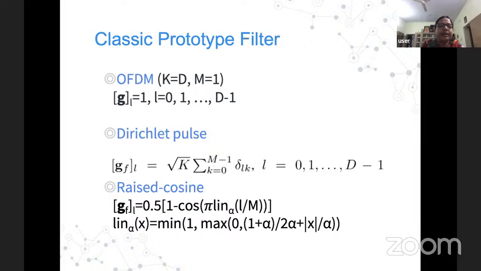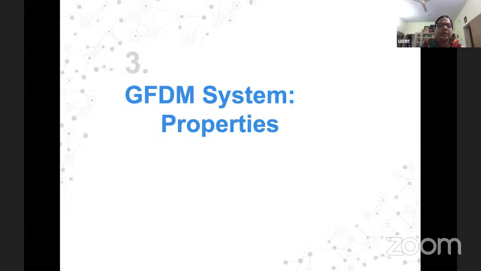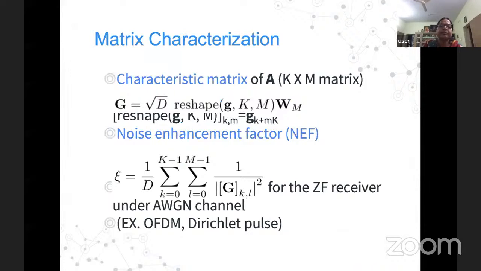But if it is GFDM, K into M is equivalent to D. Here we use a Dirichlet pulse, a root-raised cosine pulse, and maybe other spectrally efficient pulses, which give better out-of-band leakage performance to your GFDM systems.